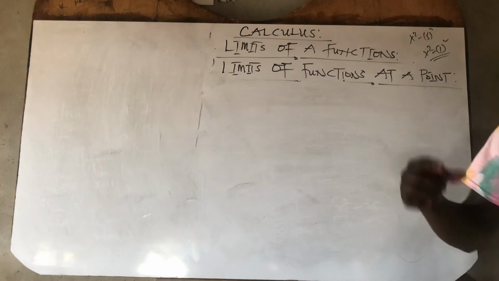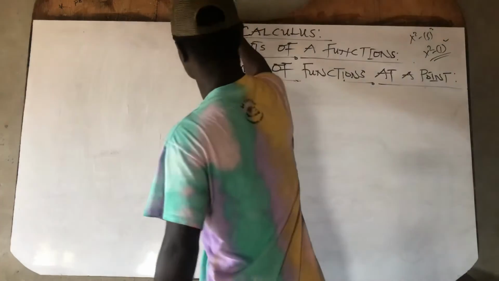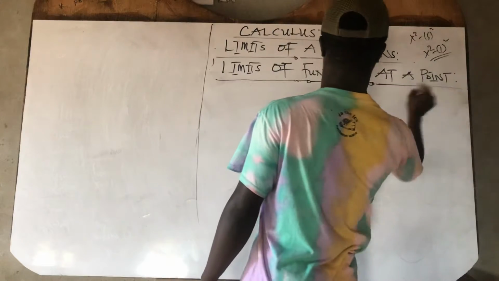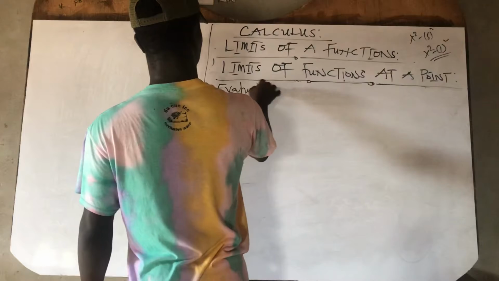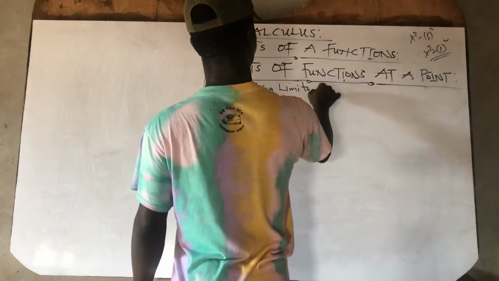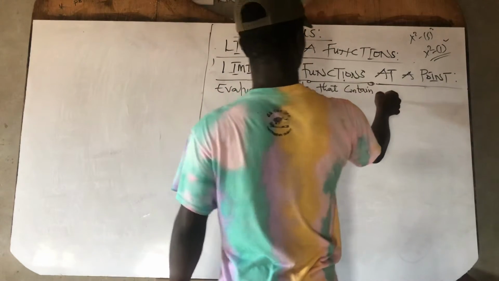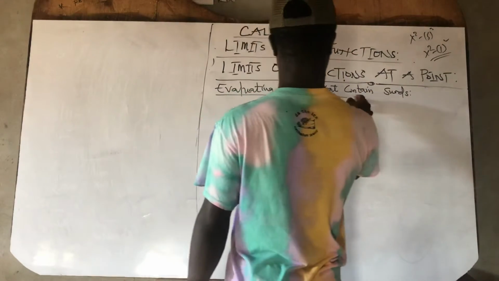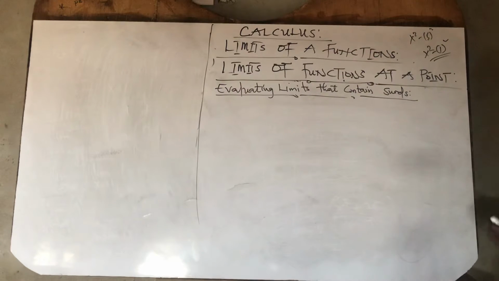It says evaluating limits that contain surds. So this time around, we are talking of surds here, right? Evaluating limits that contain surds.